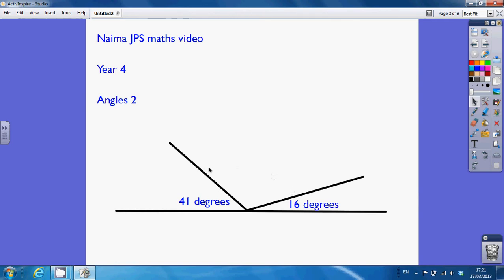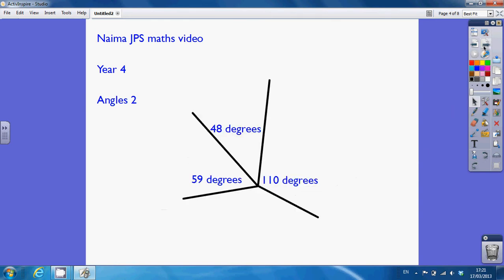So 57 away from 180 is 123, so this angle here is 123. And if we want to just check in our mind whether we think that's roughly correct, I can see that this angle is definitely bigger than a right angle, but not hugely bigger, and so 123 does make sense.